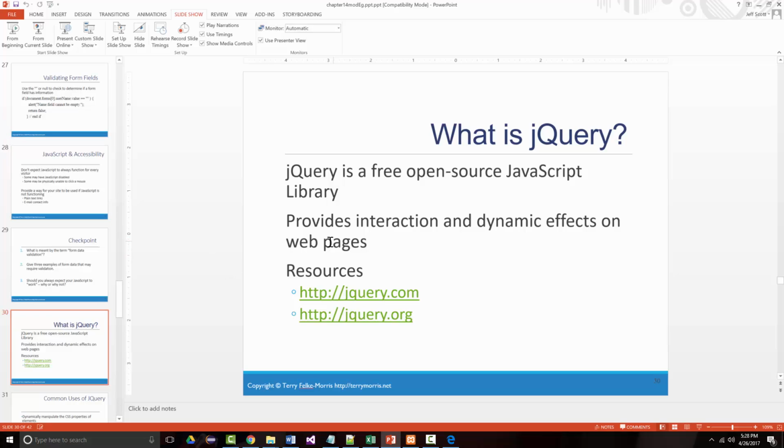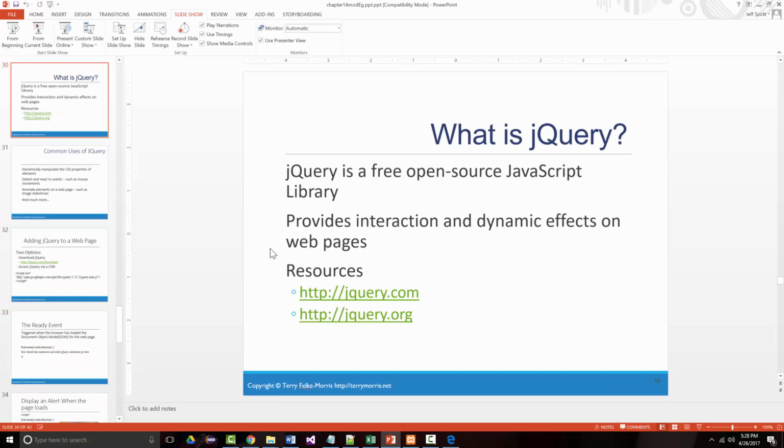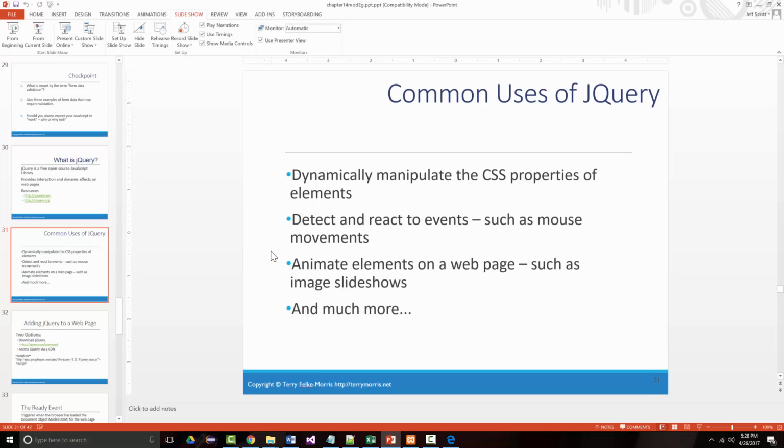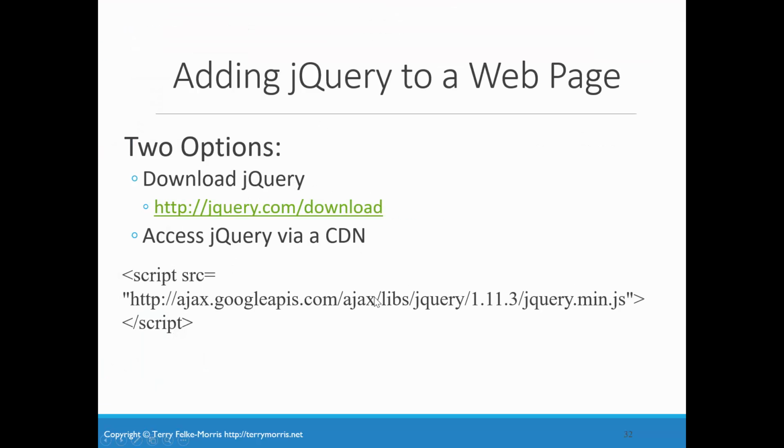Now, what if you don't want to do that? Well, you can do this. And if you look at what's on the screen there in English, what the author is saying is that by putting this in, you're using what's called a CDN, which stands for Content Delivery Network, which means that rather than you having to download jQuery or have a user download jQuery, you access it from out on the internet.